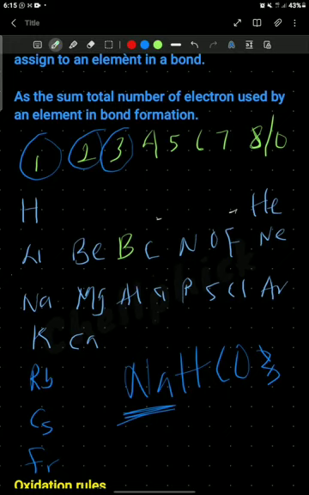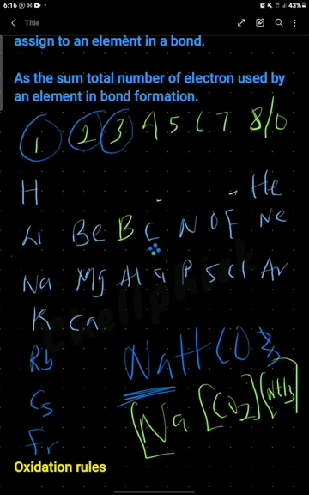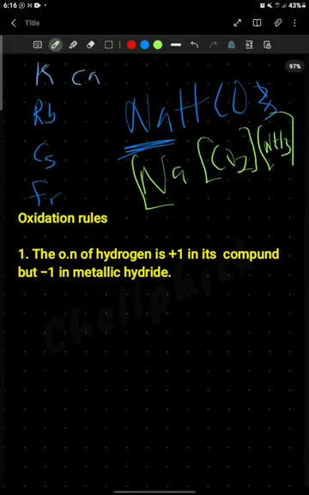So let's say we have another compound, modified so that it looks like a coordination compound, with sodium and NH3, with a 2+ charge, and you are asked to find the oxidation number of sodium.